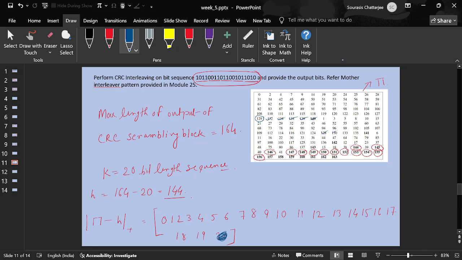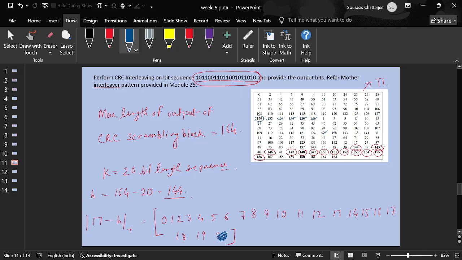So this example which I have given is not really giving the clear picture, partly because practically you won't have a bit sequence of length 20, because your CRC is itself 24 bits, so it should be above that. In the lecture it's covered as a 36-bit sequence, which is more appropriate.